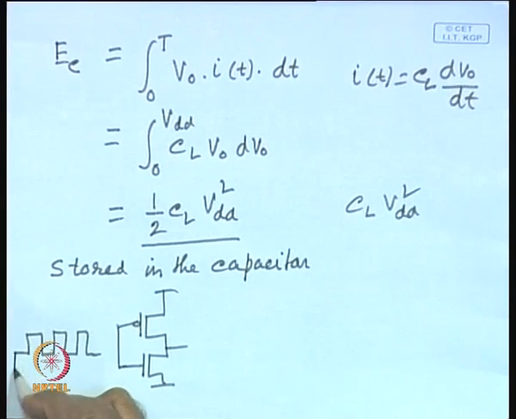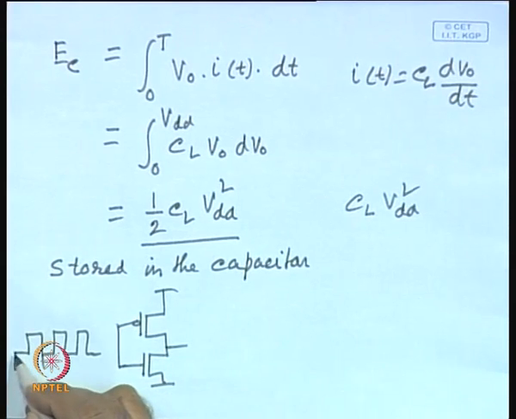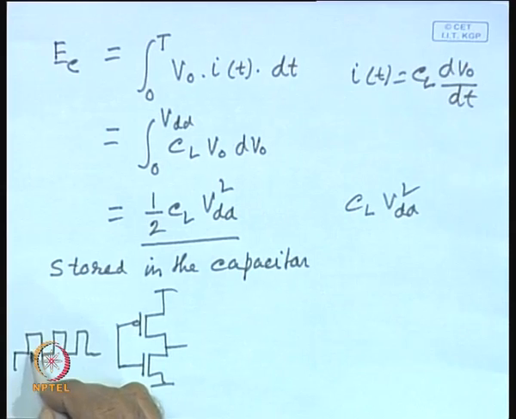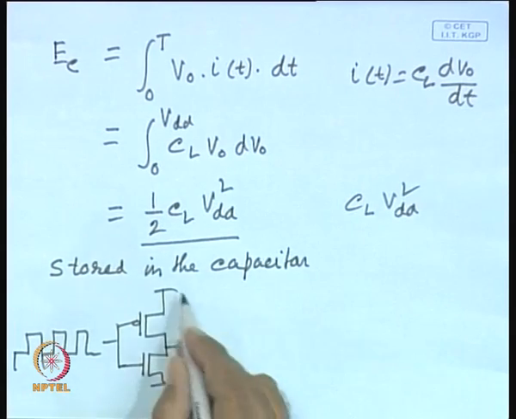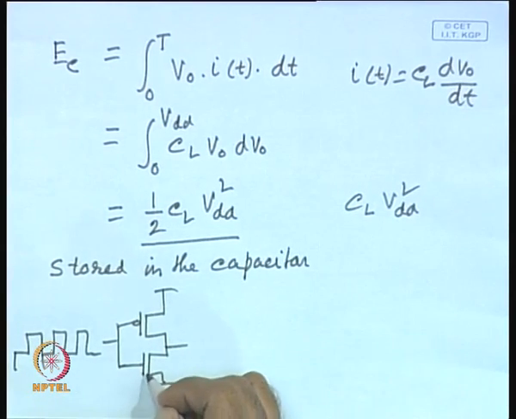Obviously, in each cycle the output will charge and discharge: when the input is 0, the output will be 1, and when the input is 1, the output will be 0. That means in each cycle charging and discharging take place. So, when the output changes in each cycle of a clock, what will be the power dissipation?